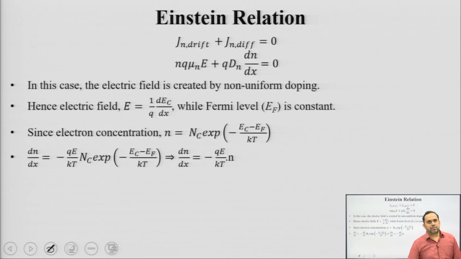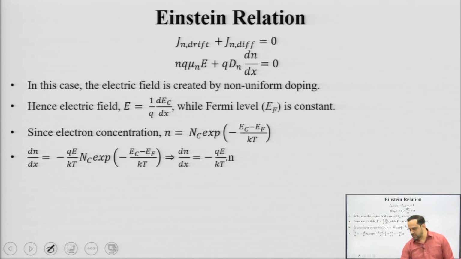So, if drift is balancing this diffusion, the electric field is created by this carrier concentration gradient, or it can have non-uniform doping also. The electric field by definition you can say is equal to energy gradient per unit charge. E_c here represents your conduction band energy.